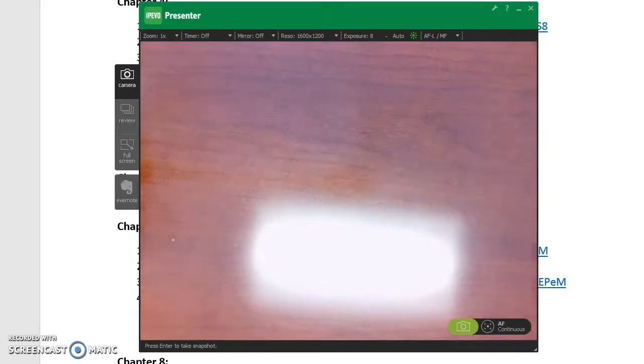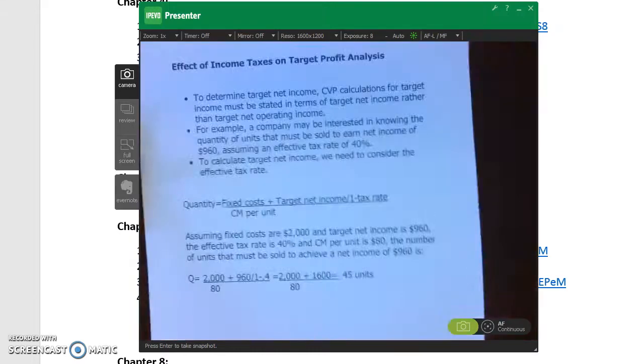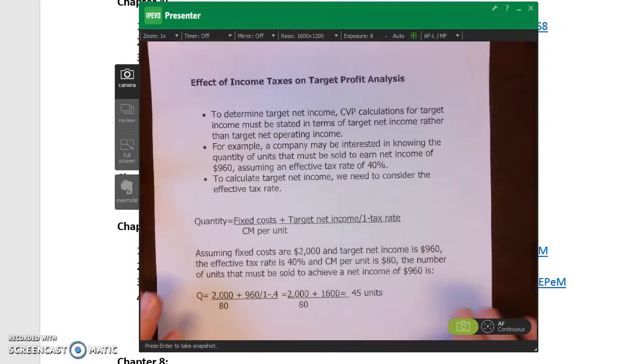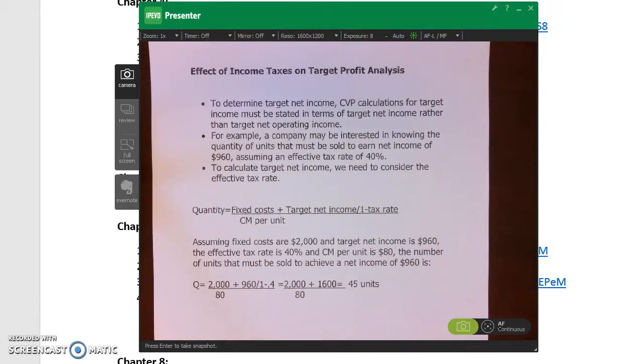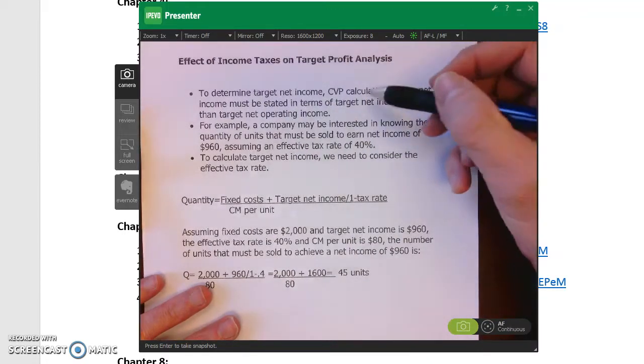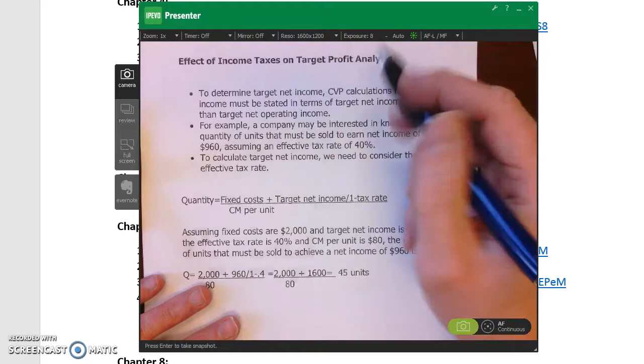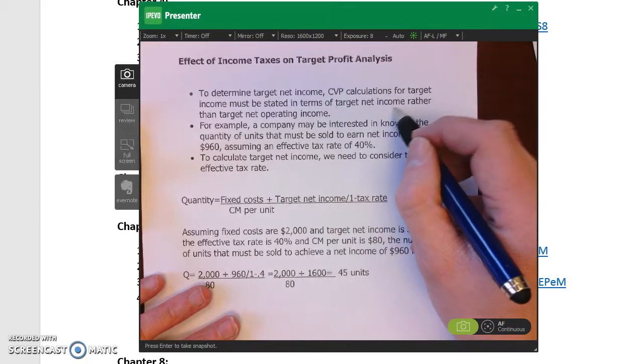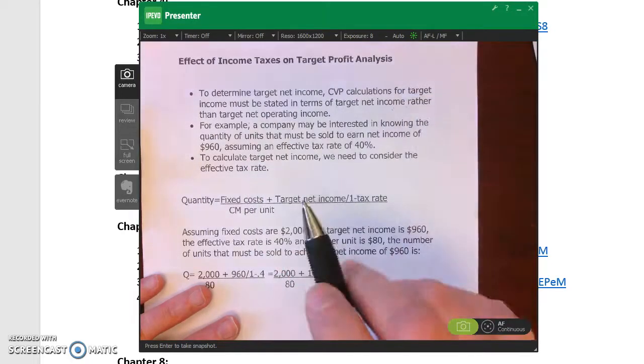Talking about the effect of income taxes on target profits. What we've been dealing with so far is only net operating income. But sometimes we might want to figure out net income. In that situation, CVP calculations for target net income must be stated in terms of target net income rather than target net operating income.